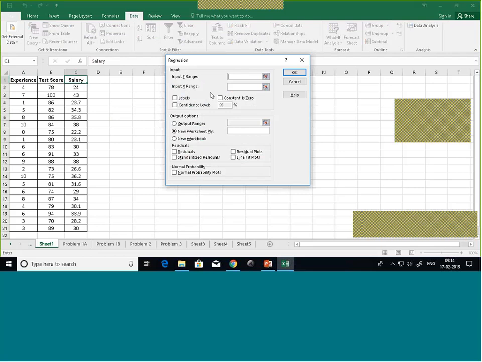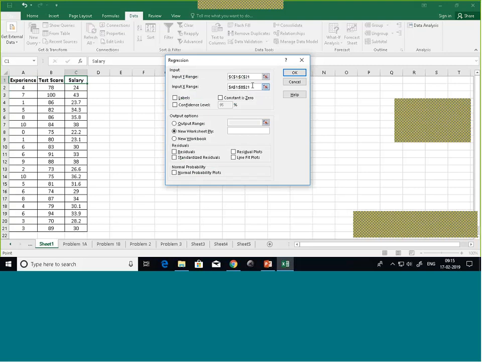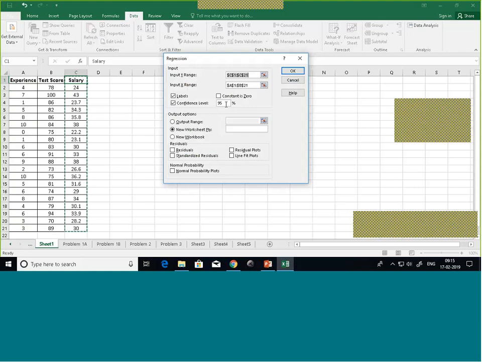First of all, I have to give the Y range. There is only one dependent variable, so I am selecting from the title to the last one. Then I have to give the input range for X. There are two inputs, so you can select everything: experience and test score, I am selecting everything. Then I have to select labels for the ANOVA table. For confidence intervals, you can select 95% or 99%.